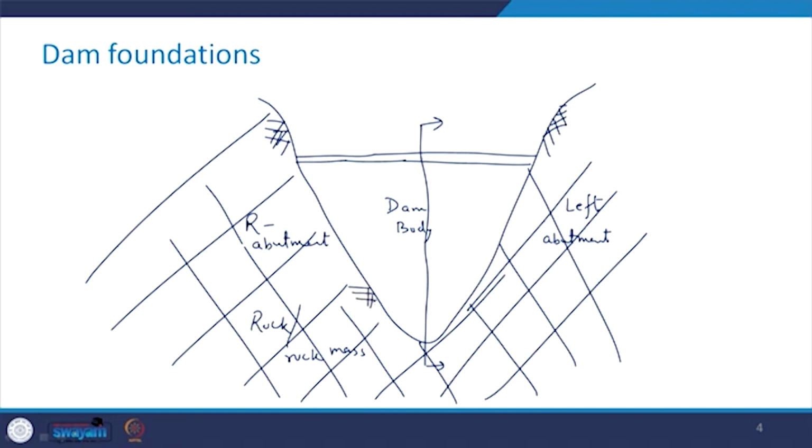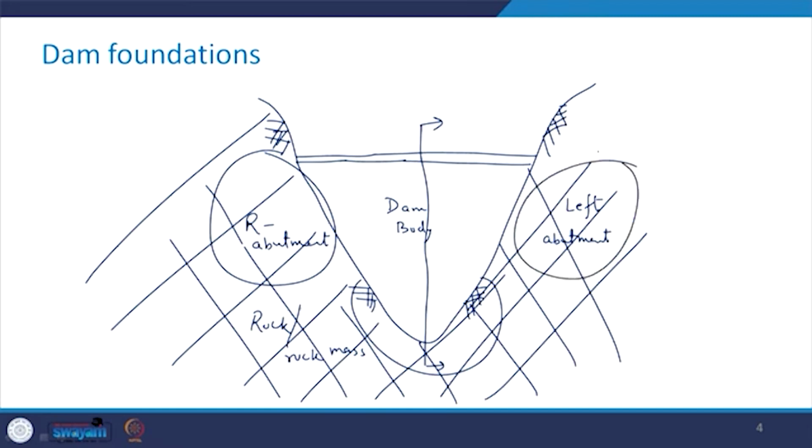These are all the bedrock. So, you see that this dam body is always in contact with this bedrock as well as these abutments, that is, the right and the left abutment. And if we try to draw the cross section along this section, see, this is how it is going to look.